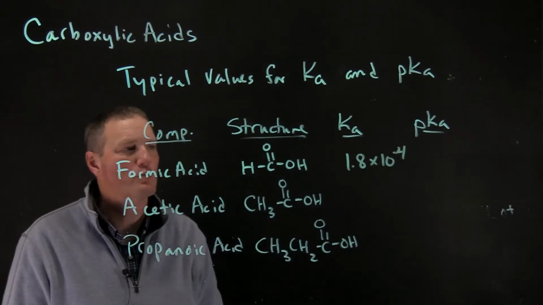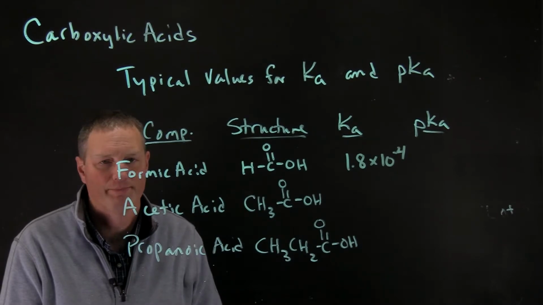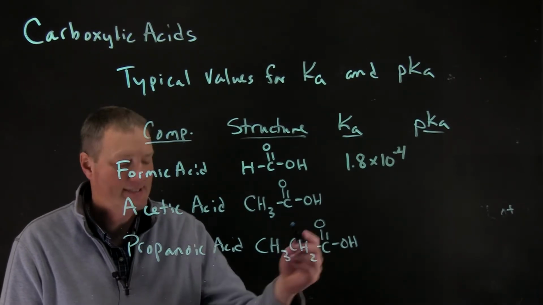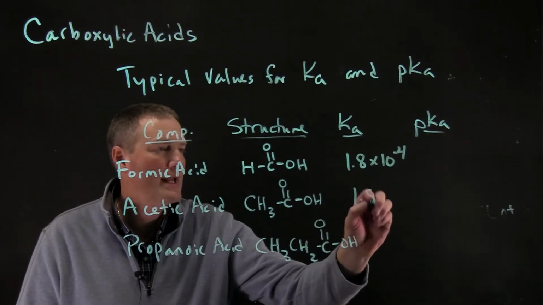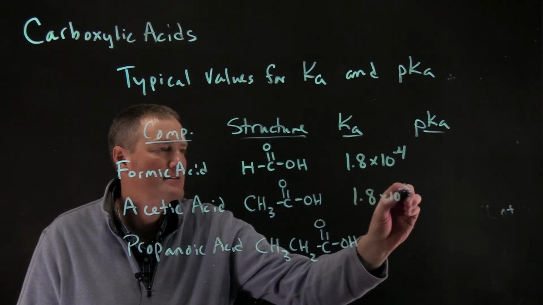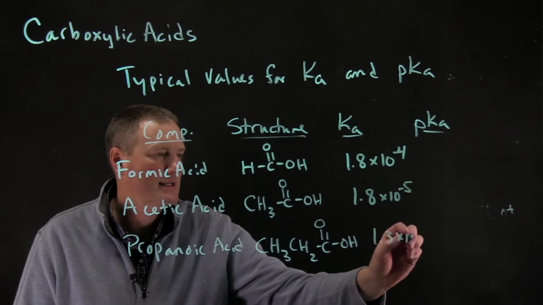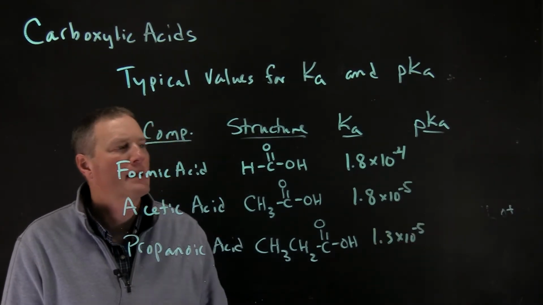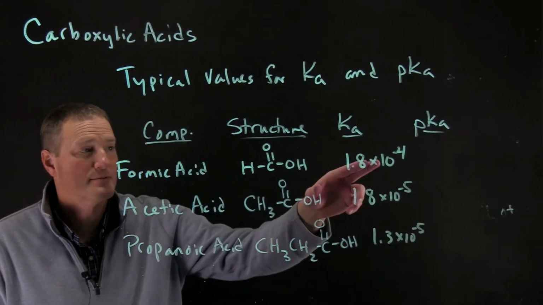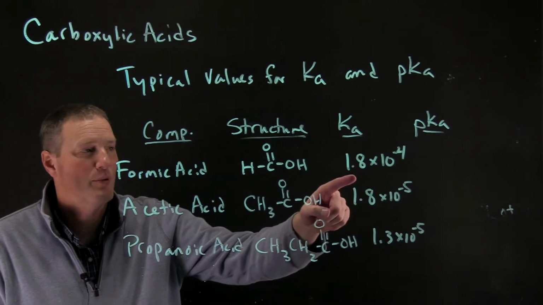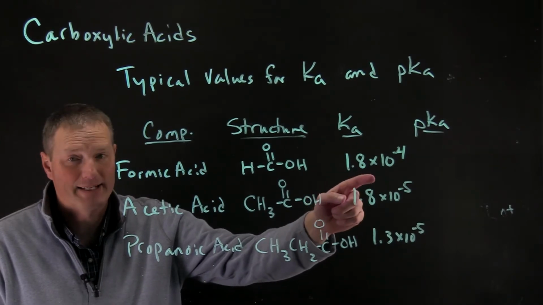The first one here is 1.8 times 10 to the minus 4. The Ka value for acetic acid is 1.8 times 10 to the minus 5. And then lastly, 1.3 times 10 to the minus 5. Now these numbers are quite small. This would be listed out as 0.00018.